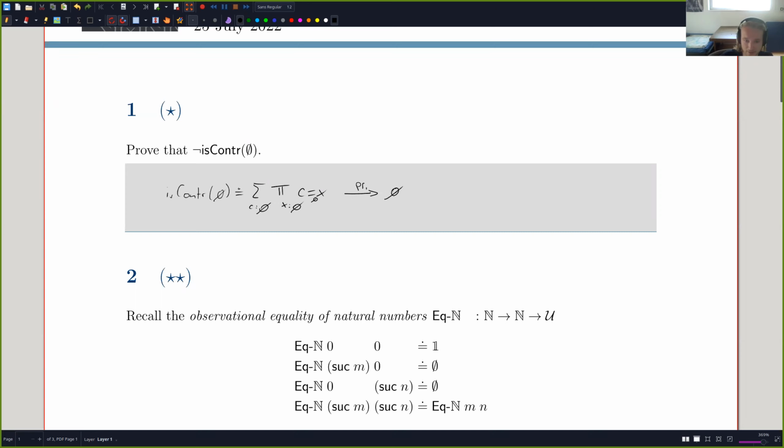Since this is inhabited by assumption, that would imply that the empty type is inhabited, and that's a contradiction.